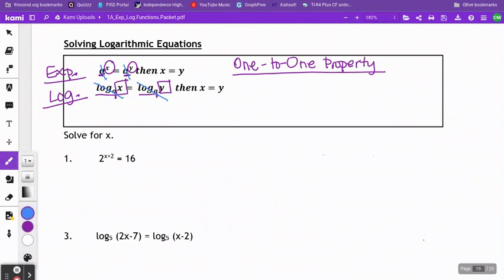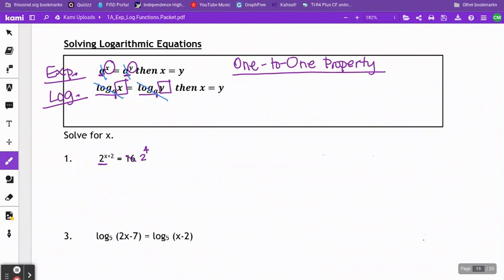So for example, number one, we would have to change the base of this one. We would change 16 to be 2 to the fourth. We're not changing the value of anything, we're just substituting 2 to the fourth in place of 16 since they are equivalent. This now follows the property.